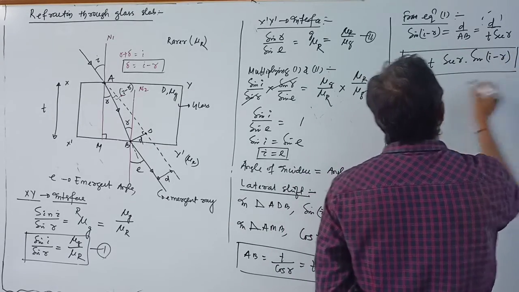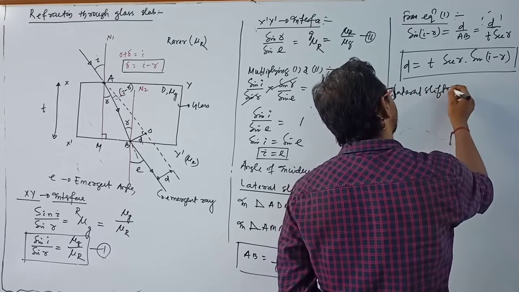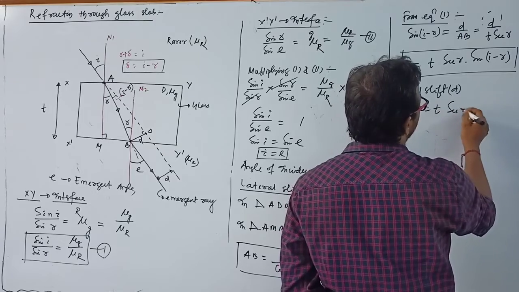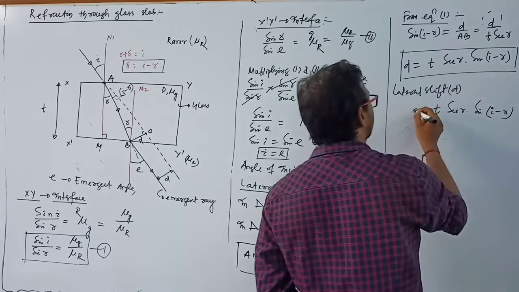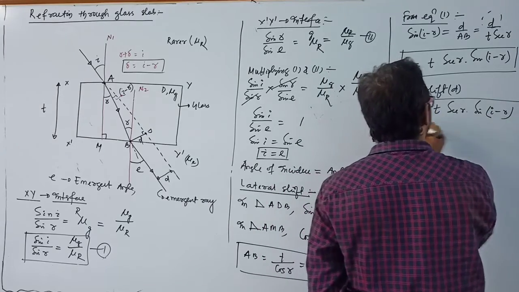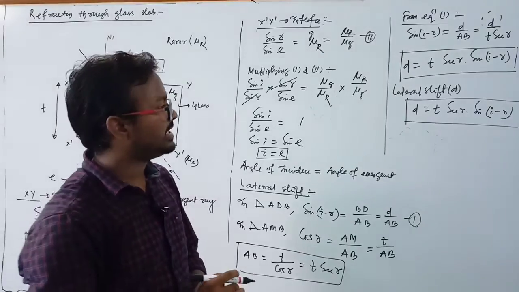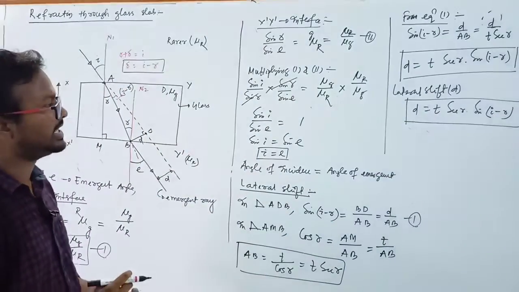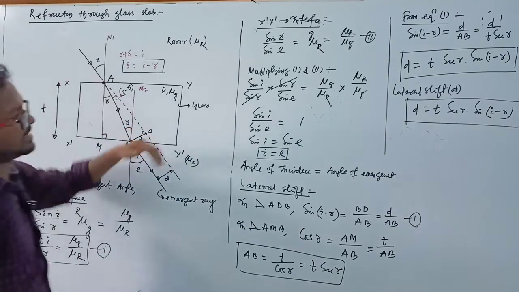So the lateral shift can be written as d, which is equal to t sec r into sin(i minus r). This is the formula, and by using this formula we can find the lateral displacement of the ray of light which is displaced from its original path.